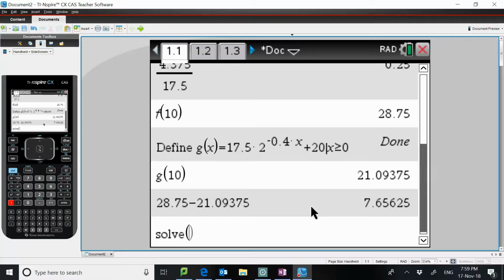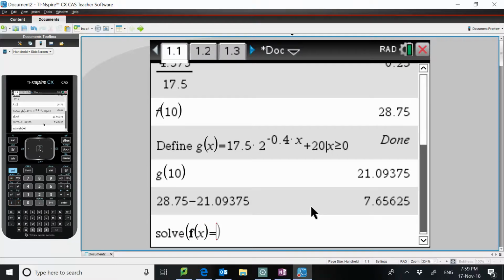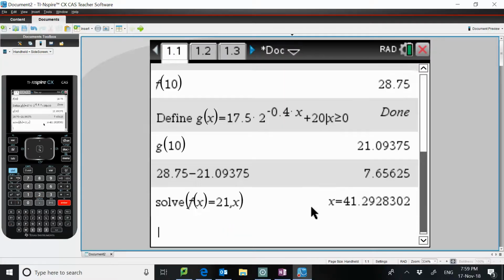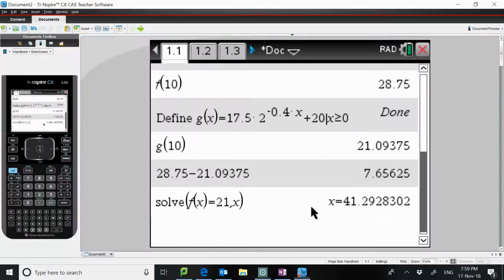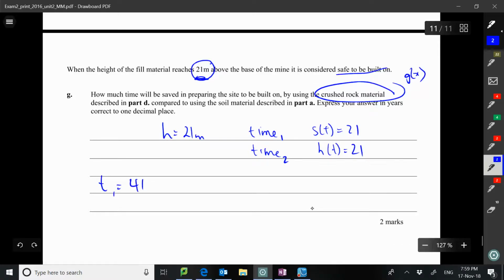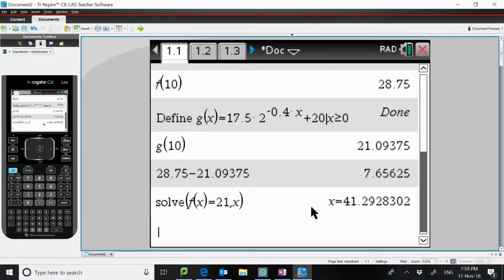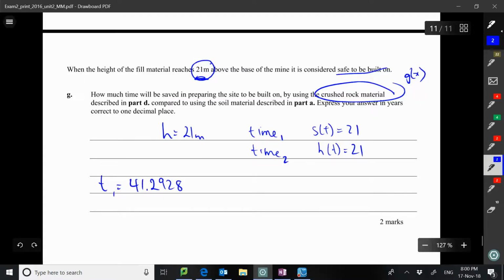So solve for f of x to equal 21. This is for the soil. That tells me it takes 41, so time T1 is equal to 41.2928302. Time 2, which is the crushed rock.